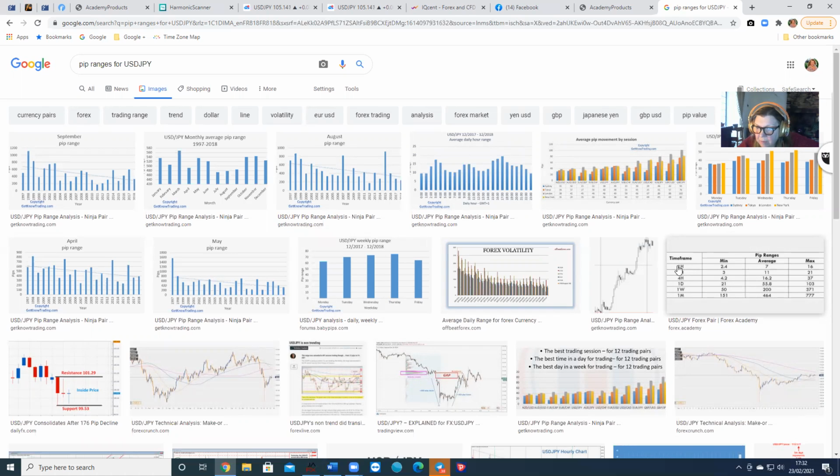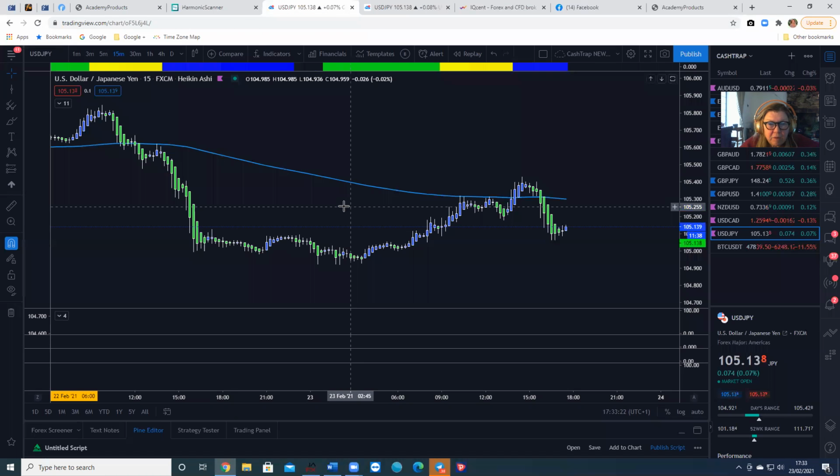Time frame, hourly, pip ranges, minimum of 2.4, average 7, maximum 16. So again, you can look in sessions, you can look in spring, March, April, May is best for Forex, for example. You can look at Tuesday to Thursdays. Pips will have a bigger range than Mondays to Fridays, the start of the market week and the close of the market week. So that's quite interesting to help you understand your pairs as well.